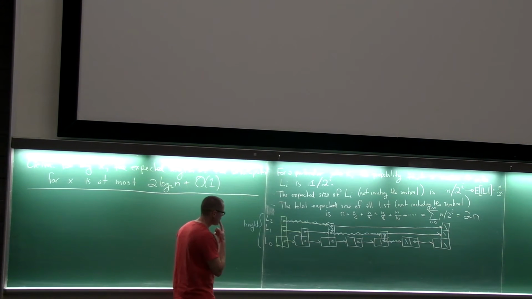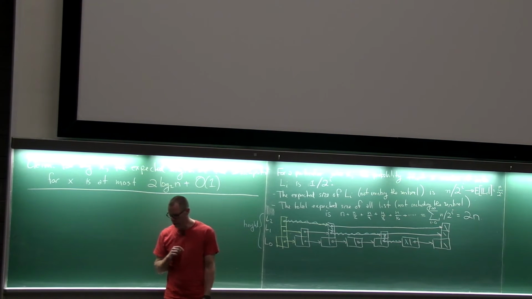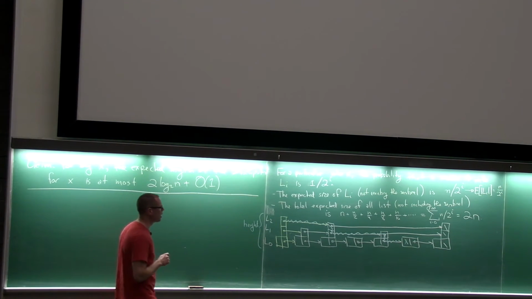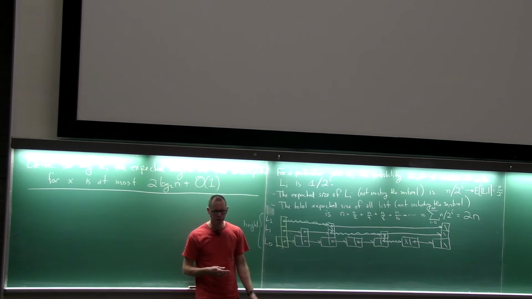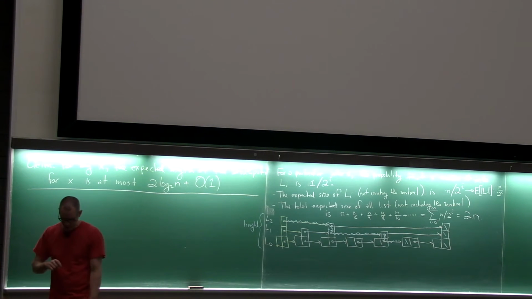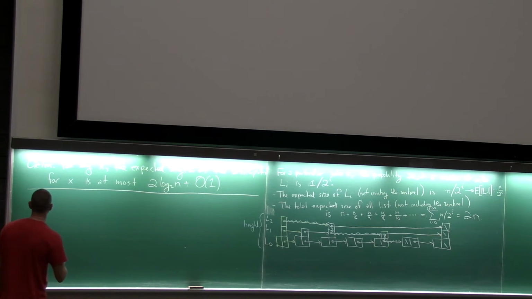Well, it turns out that there's a nice trick that one can use when trying to do things like study heights or lengths of search paths or whatever. And that's a trick that's called defining an indicator variable.